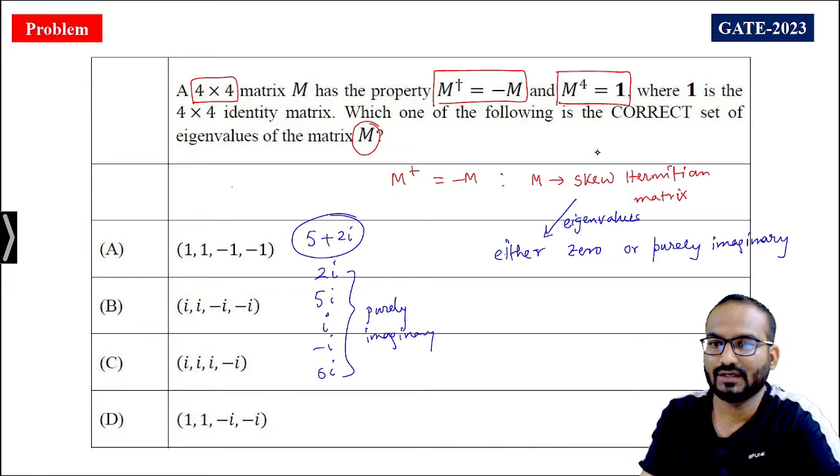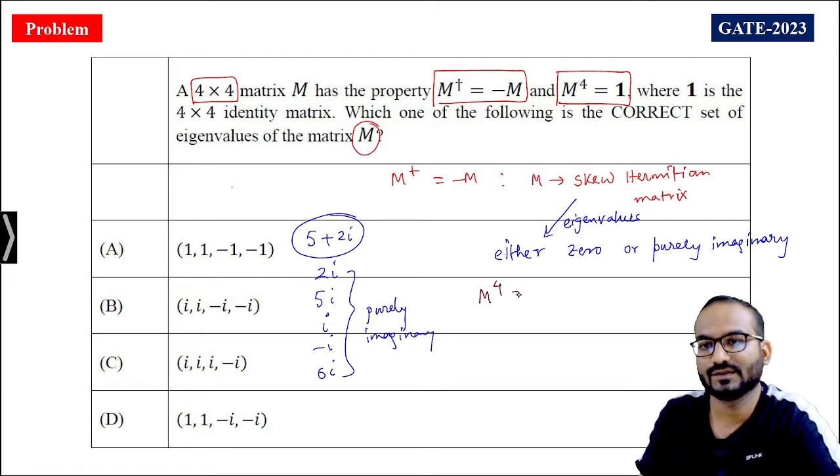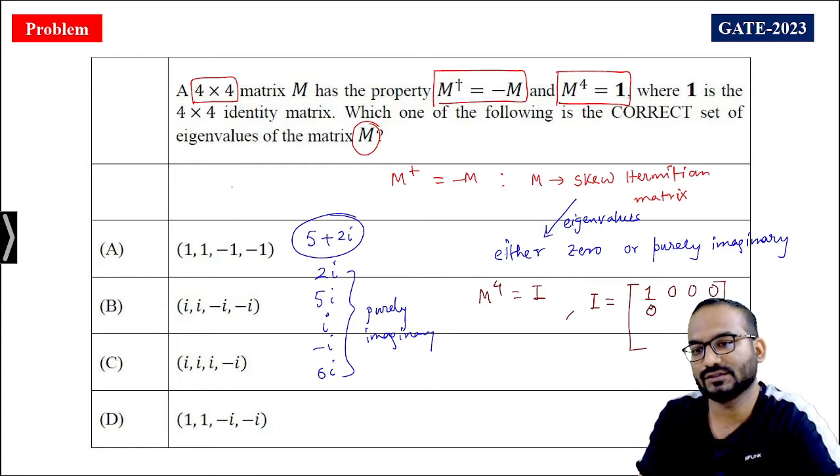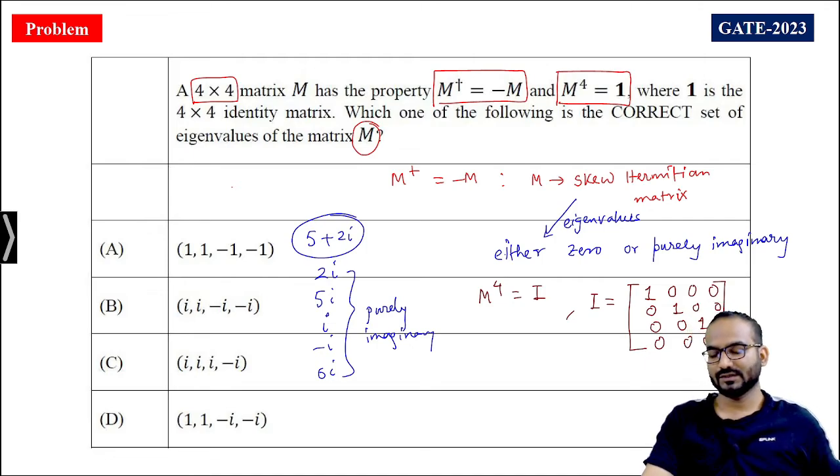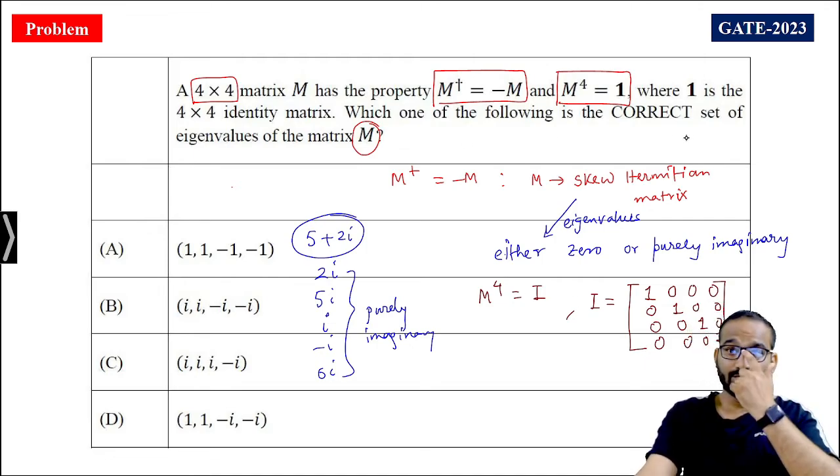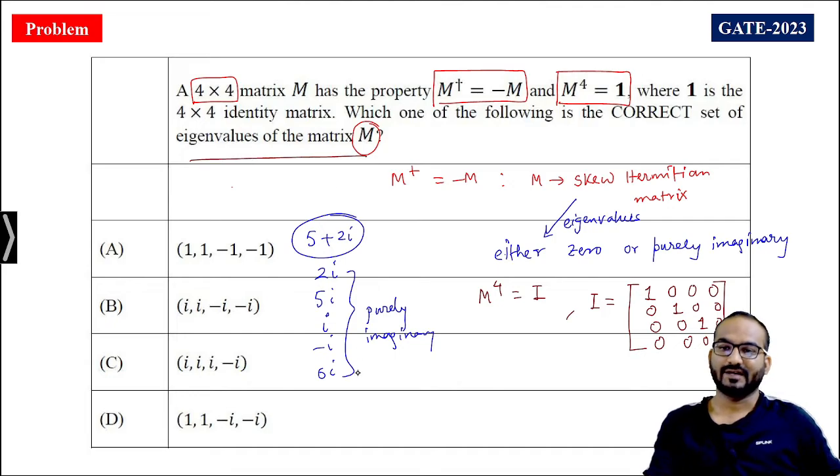Now further it is given M to the power 4 is equal to identity, and this identity is a 4 by 4 order matrix. If you consider the identity matrix, 1 0 0 0, 0 1 0 0, 0 0 1 0, 0 0 0 1, the 4 by 4 identity matrix will look like this. Now, which of the following is the correct set of eigenvalues of the matrix?